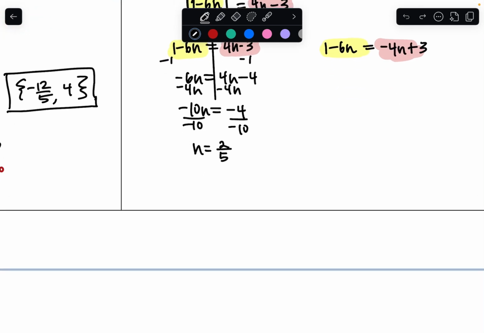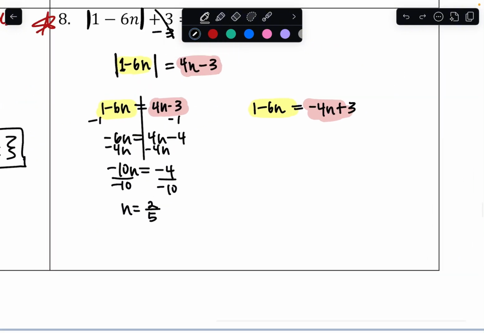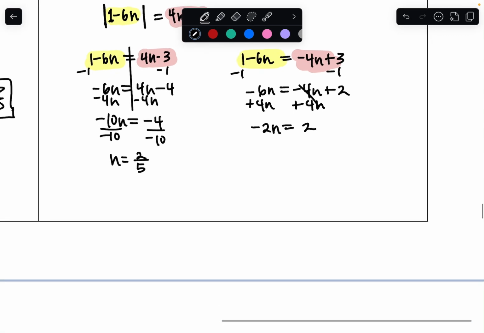I'm going to wait to box it till we check it. Okay, over here, I'm going to subtract 1 from both sides. And then add 4n to both sides, giving me -2n equals 2. And it looks like we get an integer, -1.